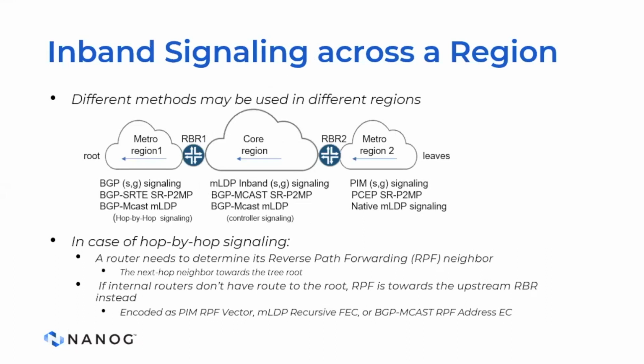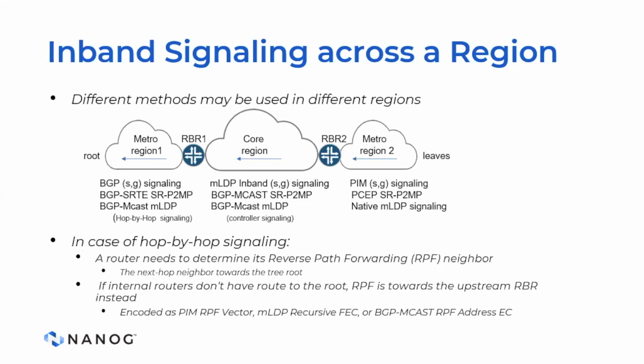Let's take a closer look at in-band signaling across a region. Remember that we can have different methods used in different regions. In this picture, you can see that we have the roots in the metro region 1, leaves in metro region 2. Now, it could be that the multicast tree is IP multicast identified with source and group, and in the metro region 2, we are doing PIM signaling.